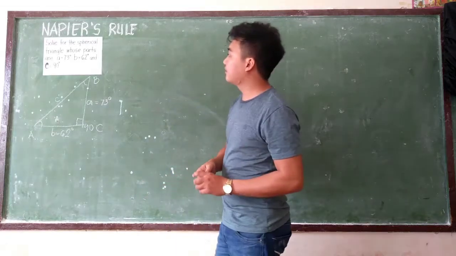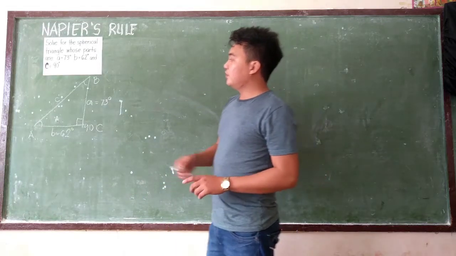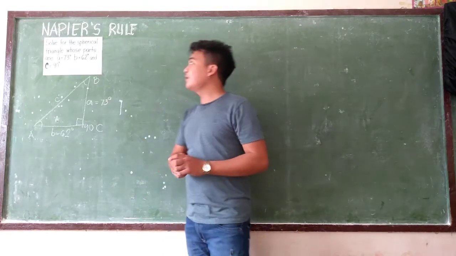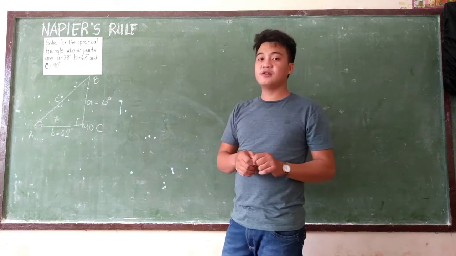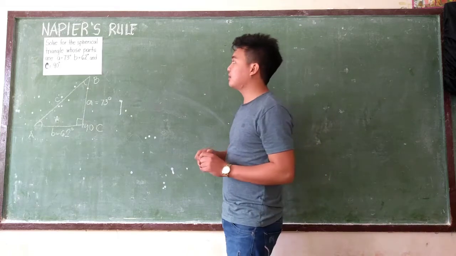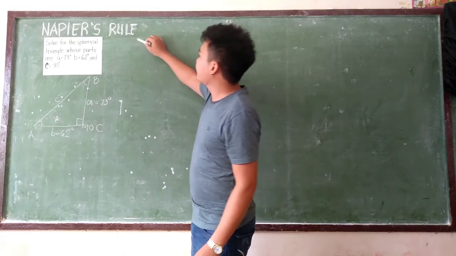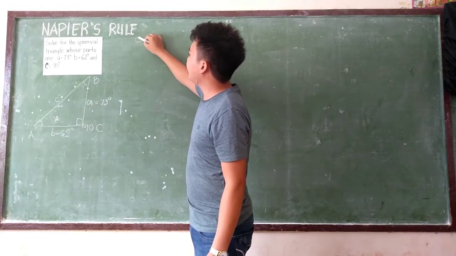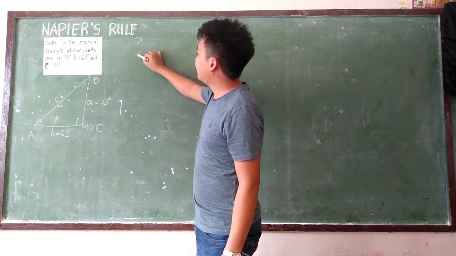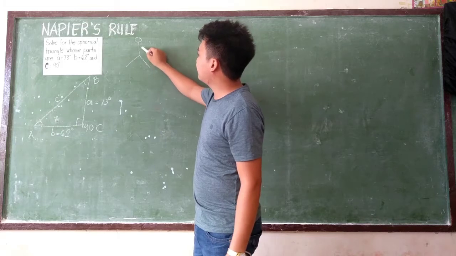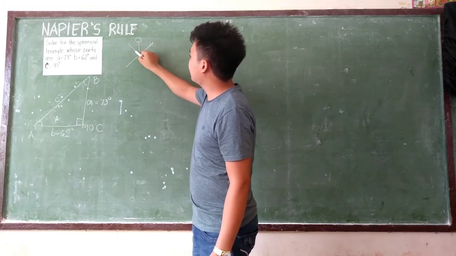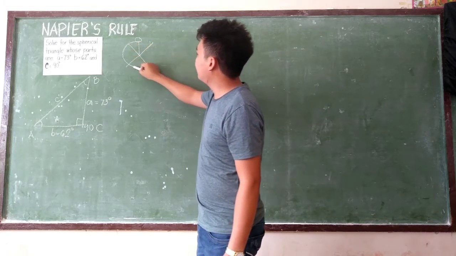So, to use Napier's rule, we must familiarize ourselves again with the Napier's circle. So let us do the technique. So draw the man, the body, then the legs and the hands. Then make a circle.